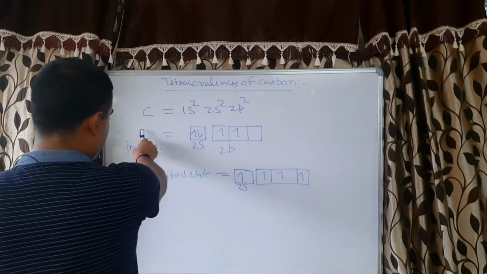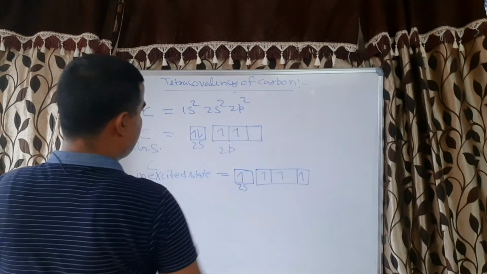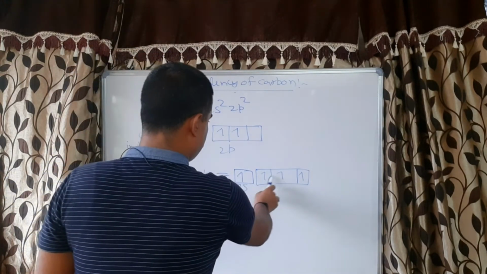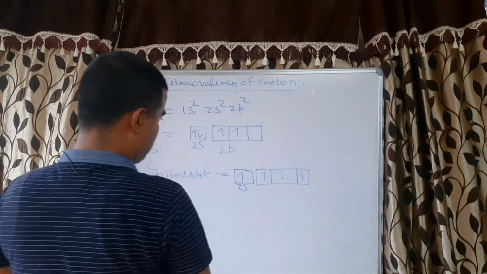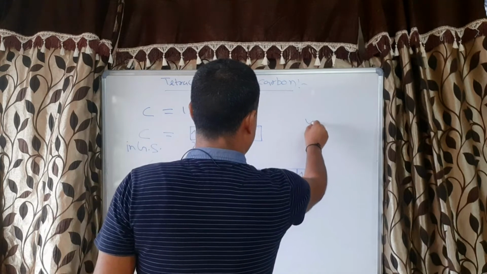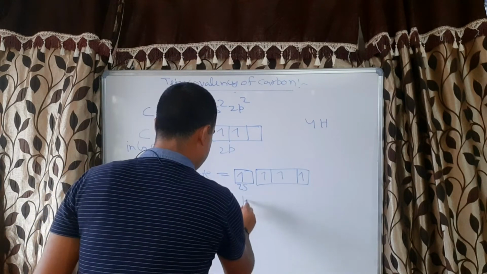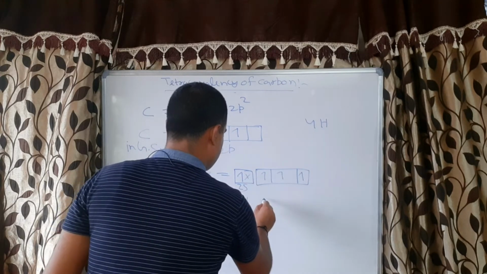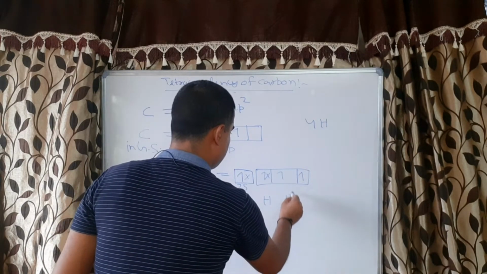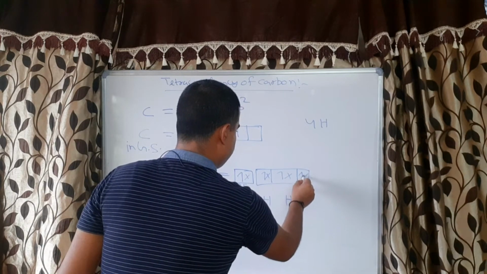That is the reason that in the excited state 1 electron goes here, and to complete its octet it shares 4 electrons. Now suppose it is combining with 4 hydrogen atoms: 1 hydrogen atom will come here, 1 here, 1 here, and 1 here.